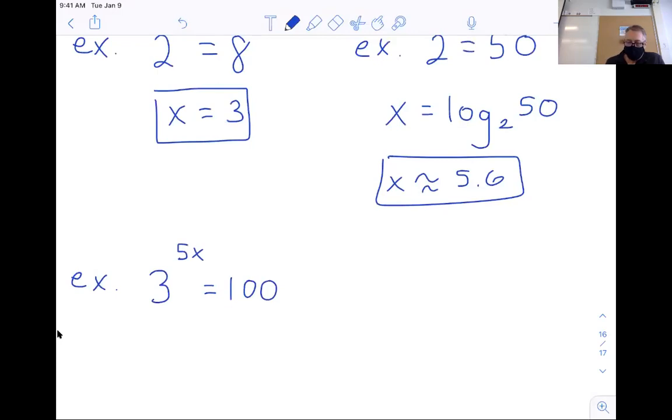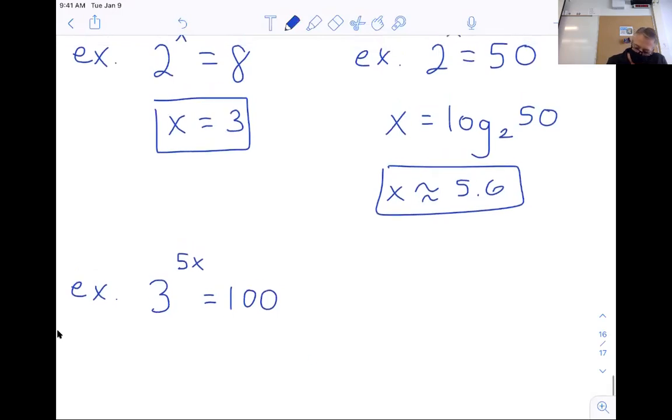So we have to convert that to log form. When we do that, the 3 is going to move over and become our base on the other side. So that in log form would be 5x is equal to log base 3 of 100.